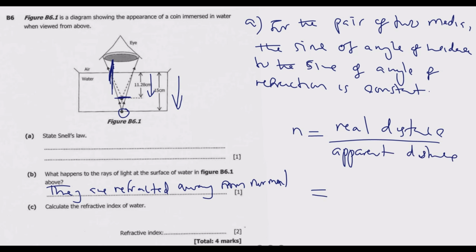Real distance is 15 centimeters divided by apparent, which is 11.28. You end up with 1.3297. Use a calculator. To two decimal places it is 1.33 as our refractive index of water. So this is how you answer these questions to get the optimal 4 marks.